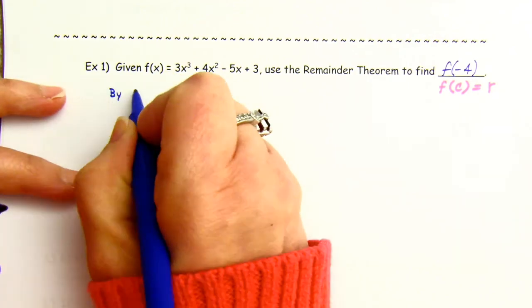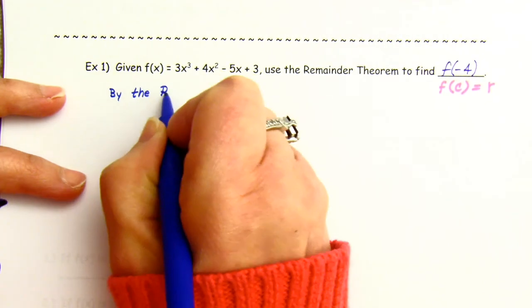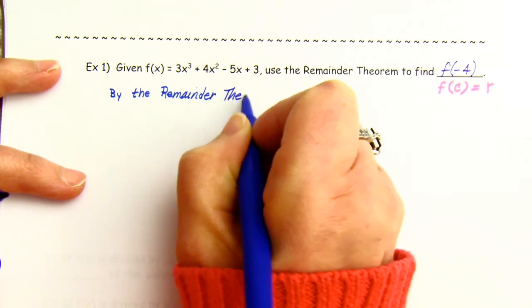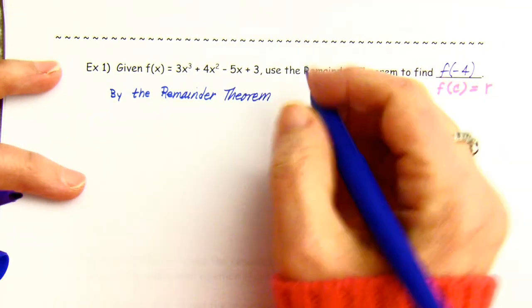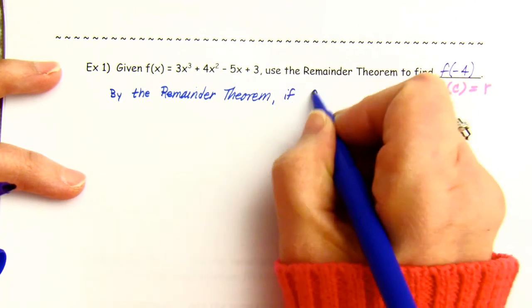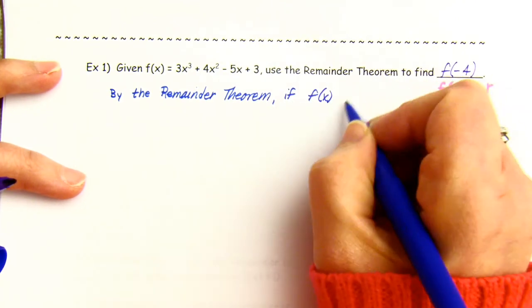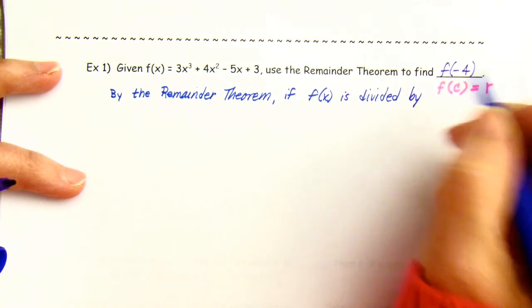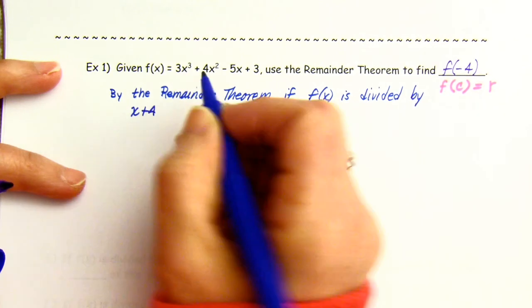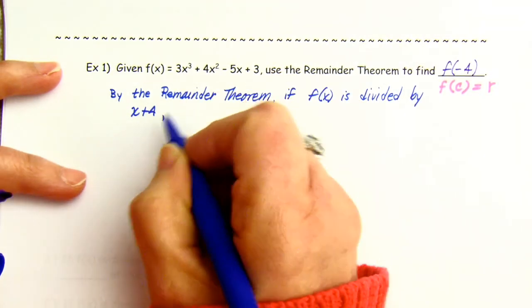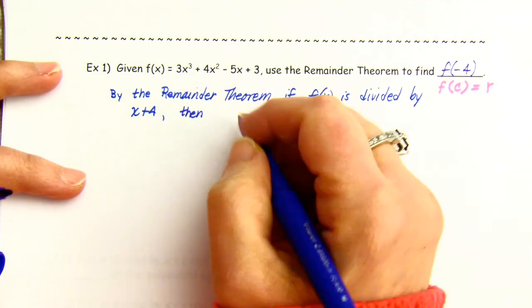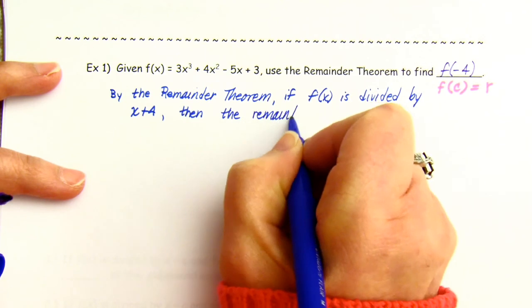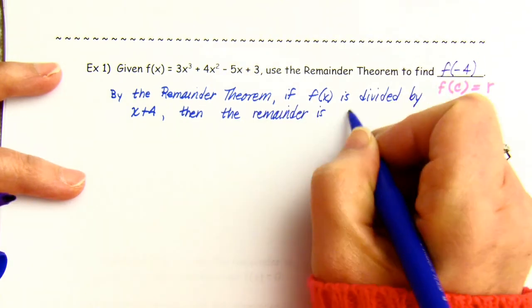By the remainder theorem, if f of x is divided by x plus 4, then the remainder is f of negative 4.